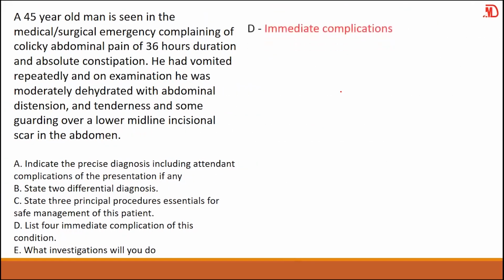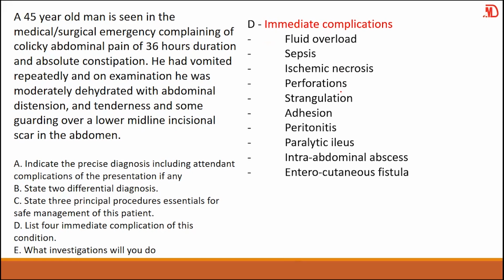All right, so what are we looking at? The complications. And you see, the immediate complications or the attendant complications or the accompanying complications, most of them are just the same thing, or they move hand in hand. So you can talk about the same things, and we have added a few things. You can talk about fluid overload, sepsis, ischemic necrosis, perforations, strangulation, adhesion.